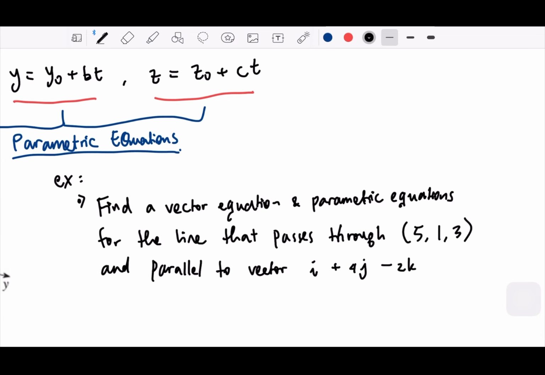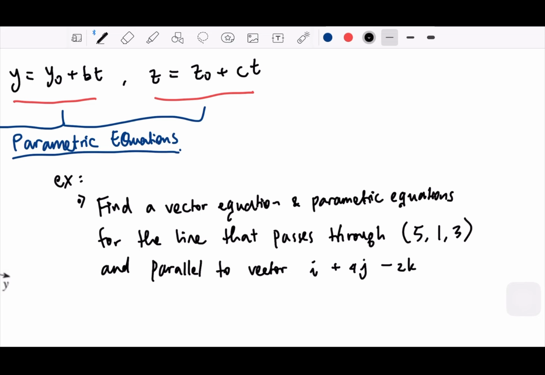Now, okay, let's work on this example. This is a simple question. Find the vector equation and parametric equation. The vector equation means the R that we have in the general rule, R equals R0 plus tV, right?